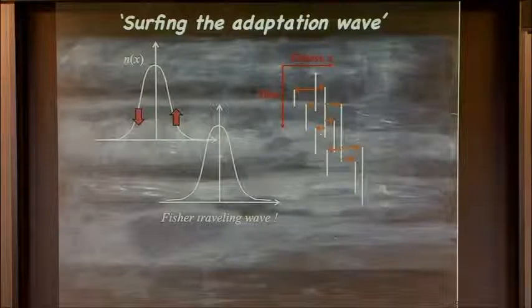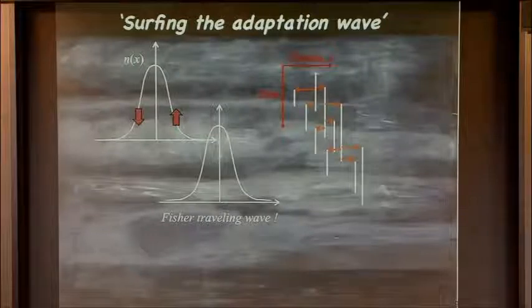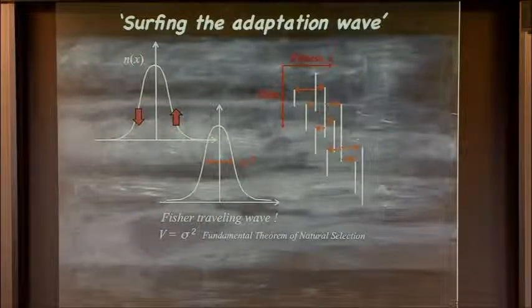But the bottom line is these two pictures have to agree with each other, because this population ultimately is just a superposition of all the little clones that are jumping back and forth, right?